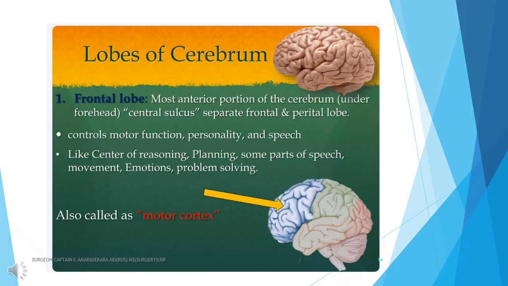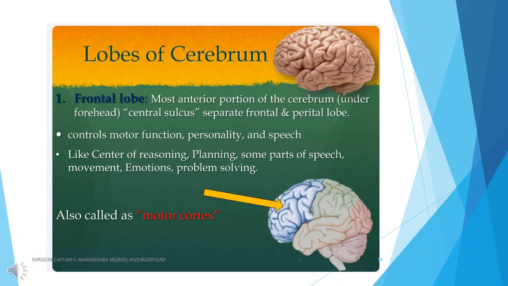Now we'll see the functional zones within the frontal lobe. Prefrontal cortex is for decision making, impulse control, and social behavior. Next, the premotor area, which is responsible for motor planning and coordination.